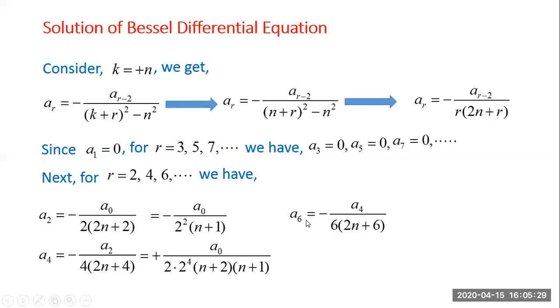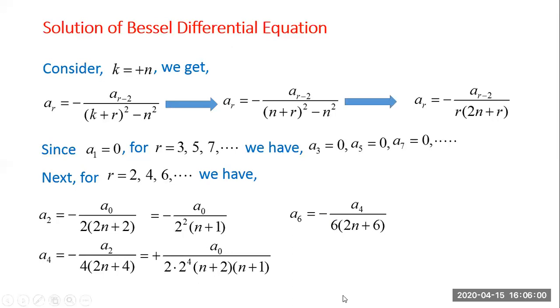Similarly, a6 becomes minus a4, put r is equal to 6, get minus a4 divided by 6 into 2n plus 6. Now substitute a4 is equal to this term. So this plus into minus, I get again minus a0 divided by this whole denominator multiplied with this denominator. Here if you observe, 2 is common. If I take 2 common, I get 2 into 6, 12. 12 is 4 into 3.